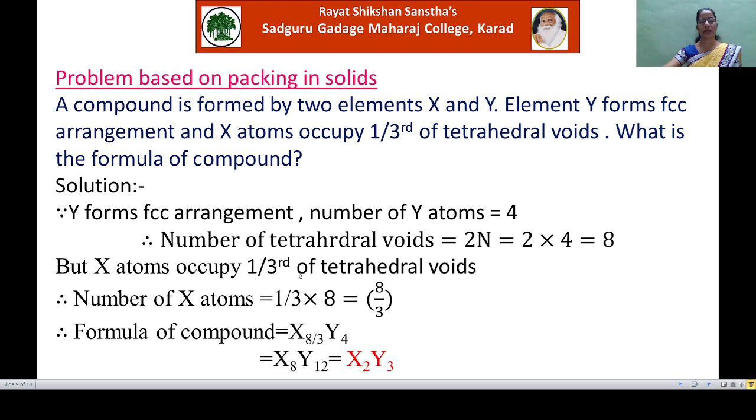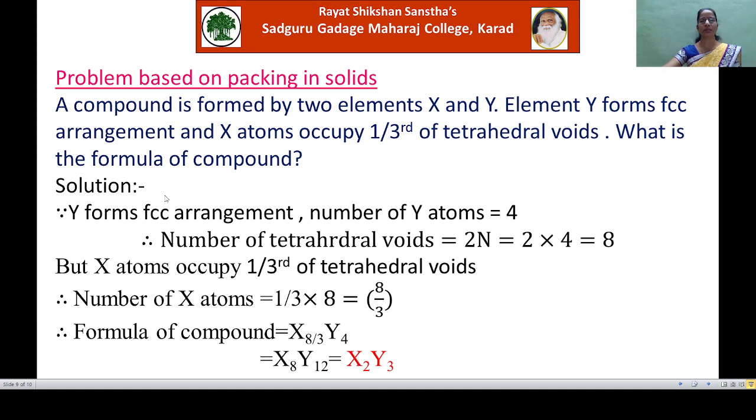Therefore, here we can say that there are 8/3 X atoms and 4 Y atoms, and hence the formula of compound is X 8/3 Y 4. We will simplify it. You will obtain X8 Y12, or you can write it as X2 Y3.